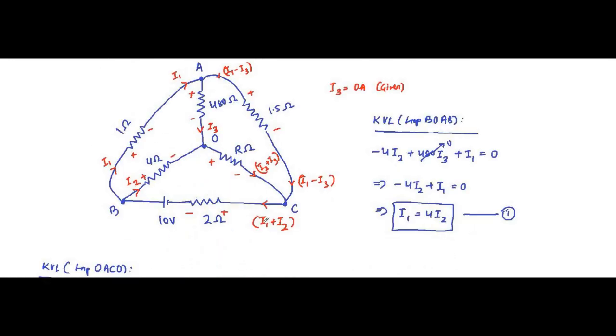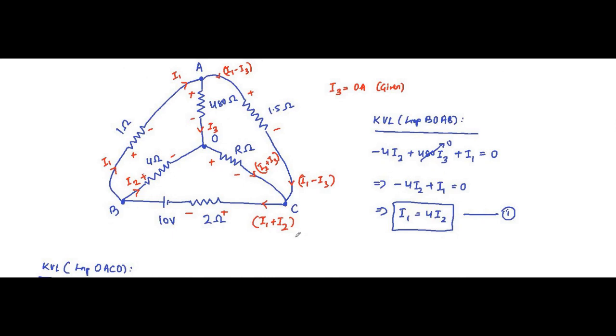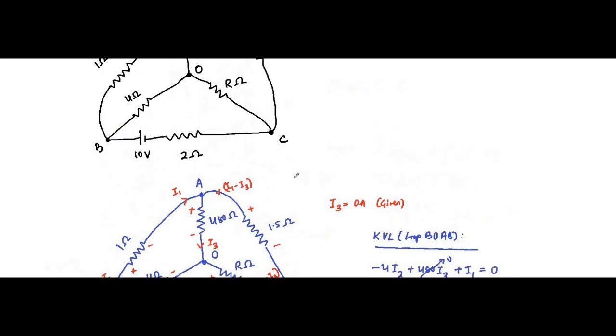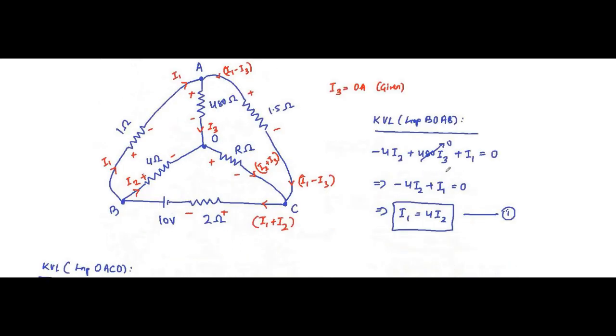Here the correct assessment of the question is very important. You don't have to waste your time finding each of the branch currents. Simply pick the correct loops to apply KVL. Like we first applied KVL in BOAB, where we got the relationship between I1 and I2.